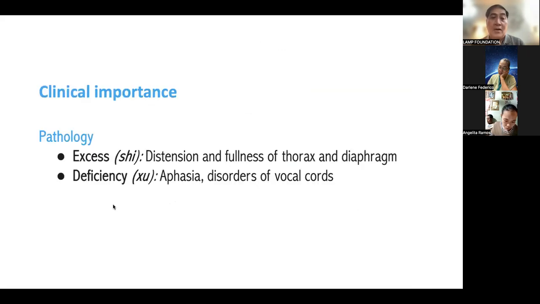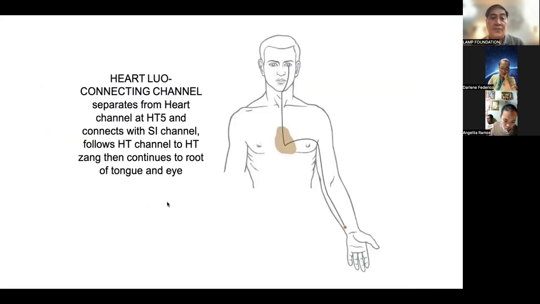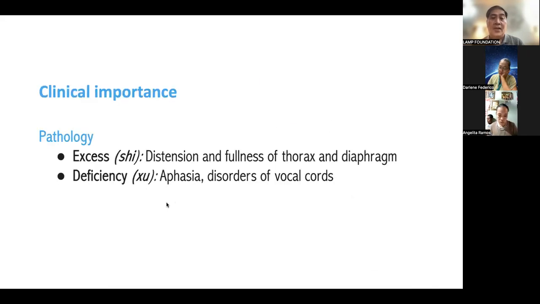And what are the symptoms of luo connecting vessels? So pag excess, may distension and fullness of the thorax and diaphragm. May medyo bigat yung pag ano mo, like sa chest. Pag deficiency, aphasia, you cannot comprehend, you cannot actually speak out what you want to say.